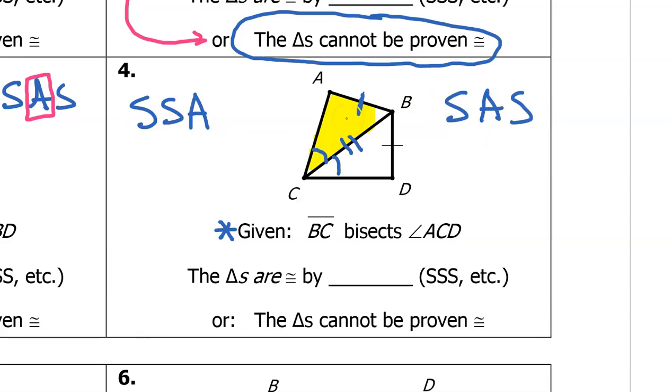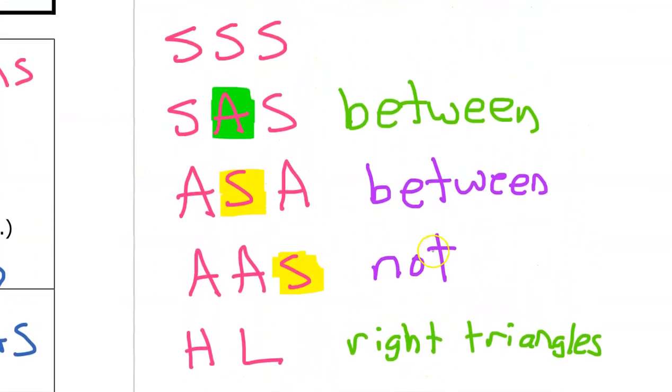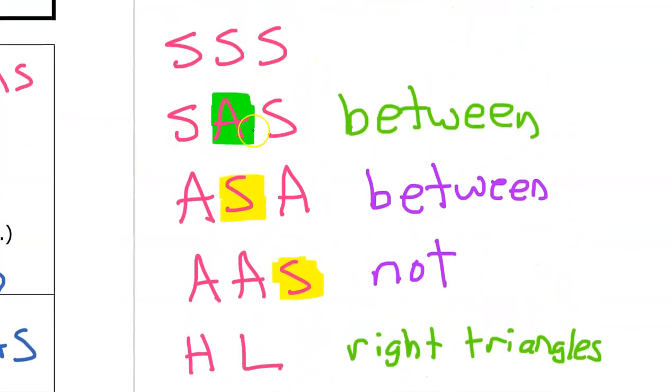Both of these involve two sides and an angle. Remember that side-side angle does not prove that triangles are congruent. So if it turns out to be this, we will choose this and leave the line blank. The difference all depends on whether or not the angle is between the two sides.